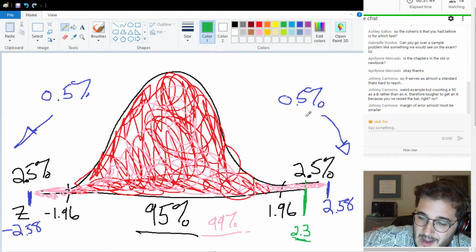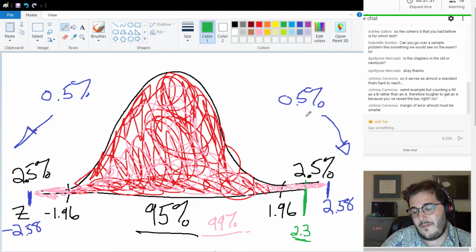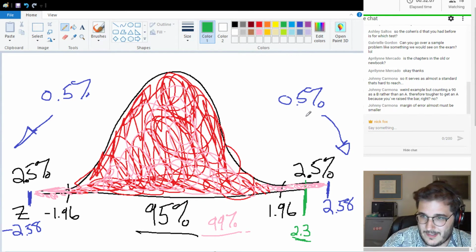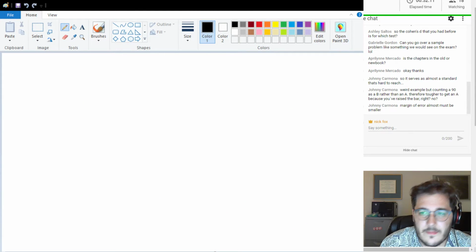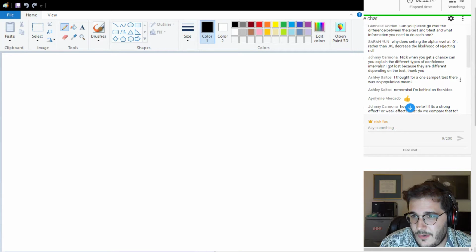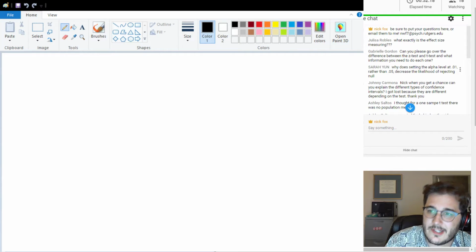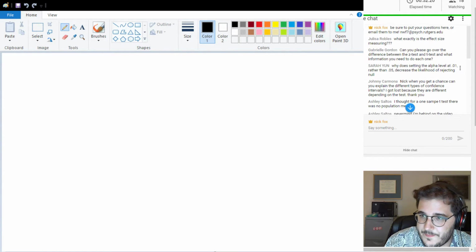So there's a trade-off between false positives and false negatives in that the more stringent you are on false positives, you may be missing some things that are real effects. I hope that makes sense. Okay. So, Sarah, that's why when you decrease the alpha level, you decrease the likelihood of rejecting the null.